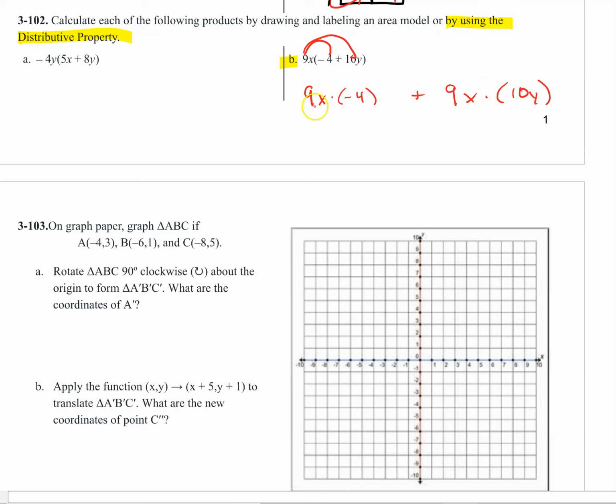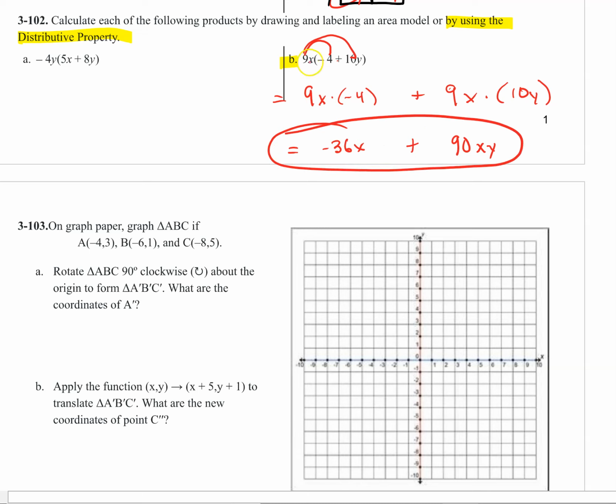So 9 times negative 4 is negative 36x, plus 9 times 10 is 90, and then x times y, xy, basically. So there's the area as the product, and here is the area as sum.